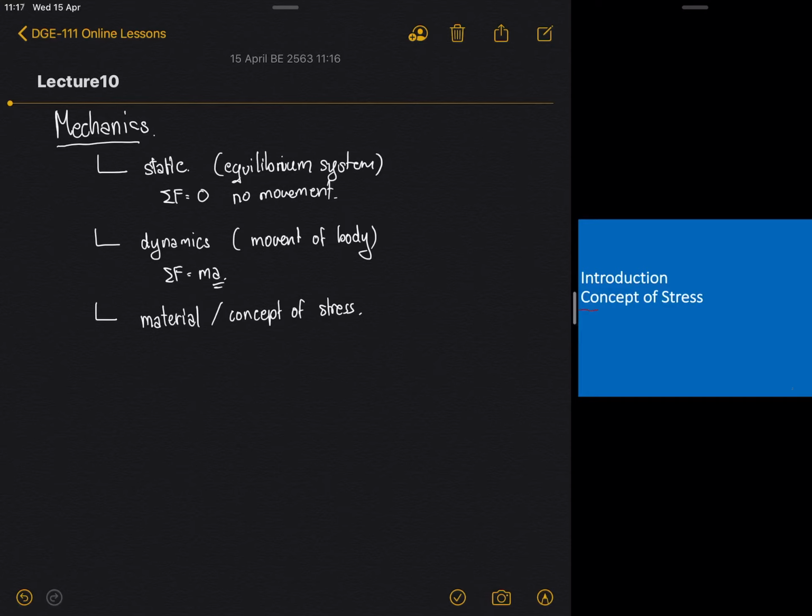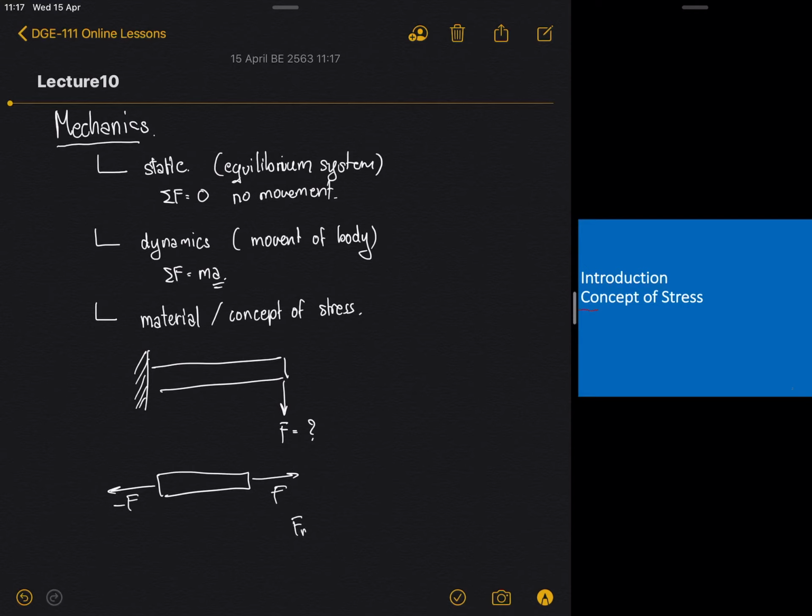For example, the rod here. When you have a stainless steel bar and you apply force, what is the max force that can be applied to this bar until it breaks? Or you have a bar with two forces on the sides, F and minus F. How much F max until the bar breaks?